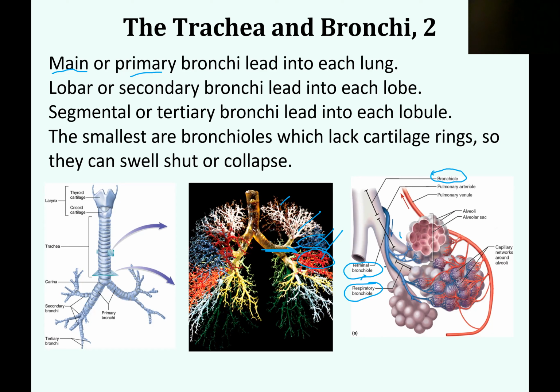The only difference between bronchioles and bronchi is the fact that the bronchioles don't have cartilage rings. So yes, they can collapse. They can swell shut. Collapsing, narrowing is part of asthma. So the wheezing is from the narrowing, and the airflow is impaired.